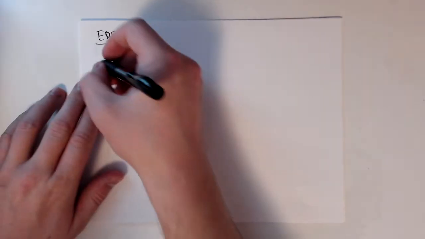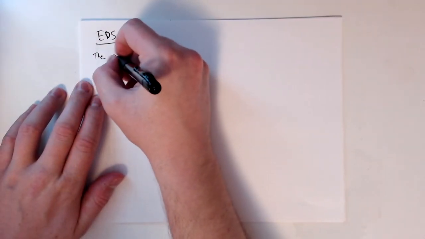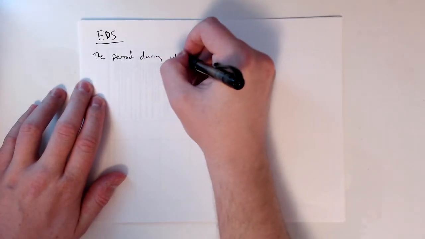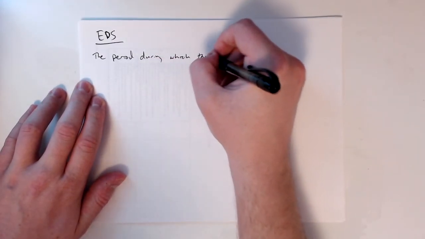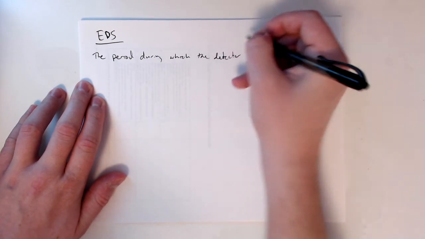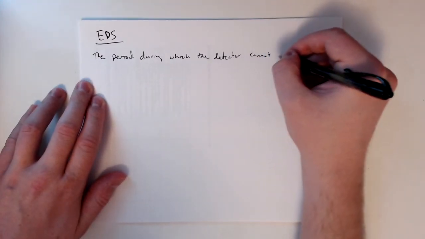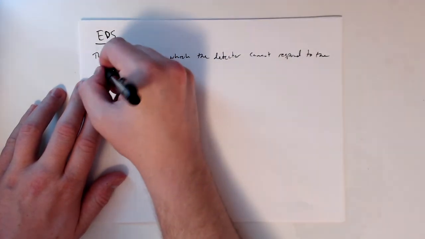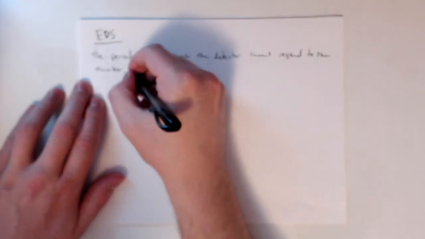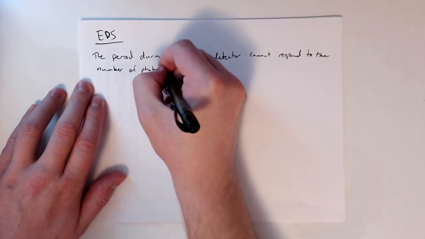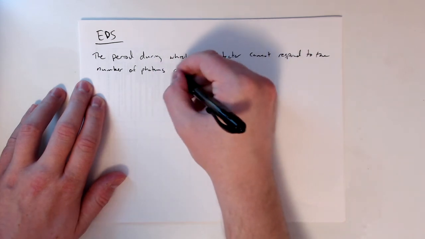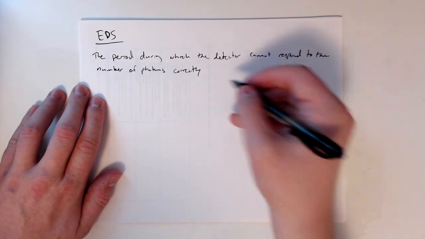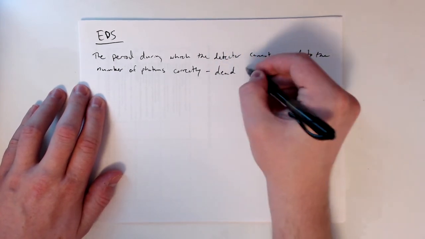And so there, in fact, is a period during which the detector can't detect correctly. So because of that problem with the detectors, we have this issue, and it's called dead time.